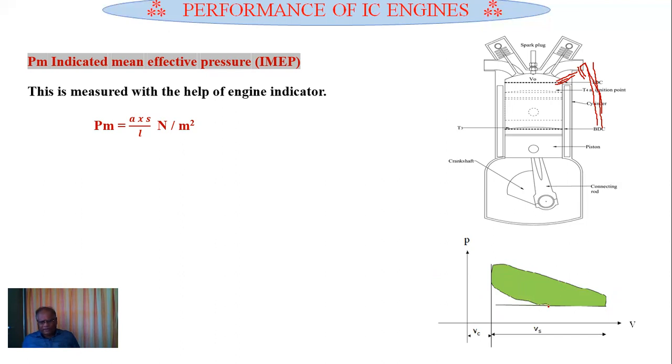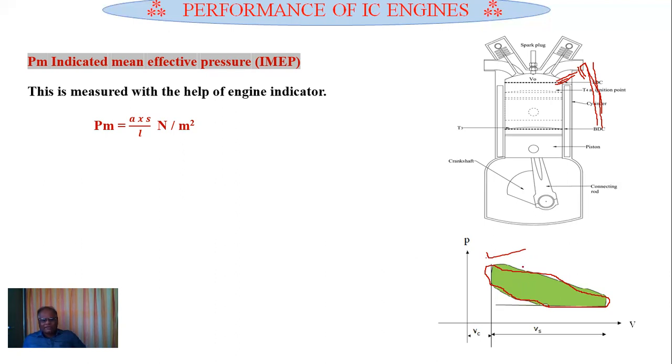The scriber will be traced on the boundary of the indicator diagram like this, perfectly. When it reaches back to its starting point, the total area of this curved boundary surface will be recorded on the dial. This is the way you can calculate the area of the indicator diagram.